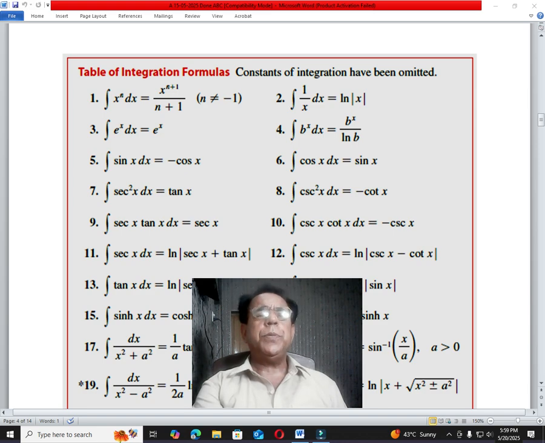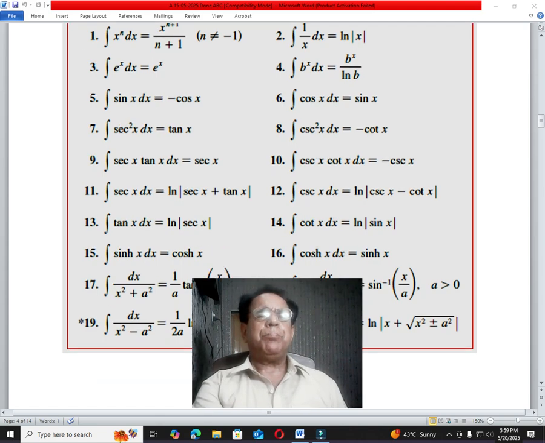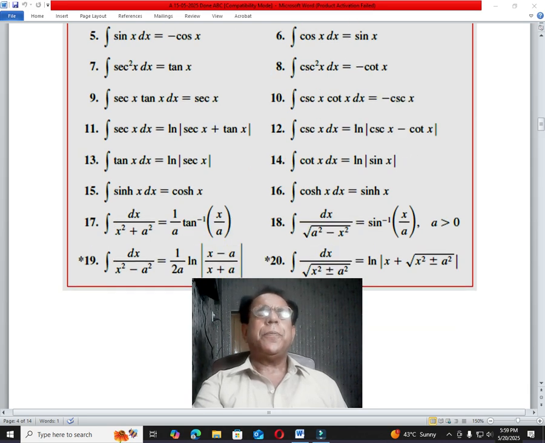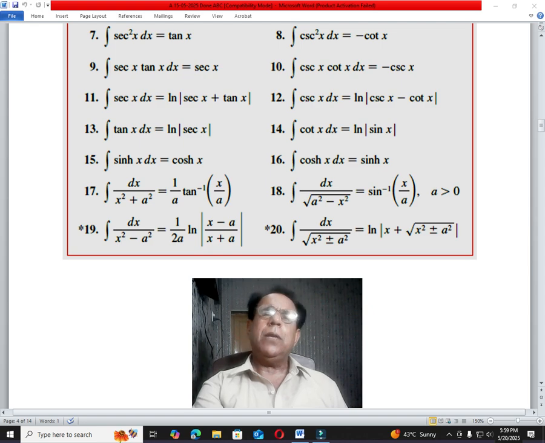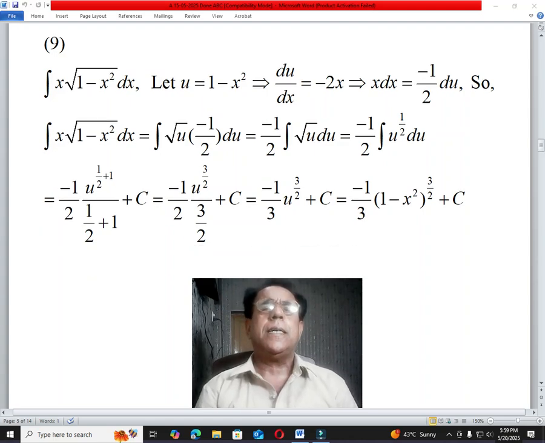Formula number 2 will also be used. Perhaps formula number 3 will also be used. Similarly, 5 and 6 or either of these two will also be used. It is not very important which of the formulas is being utilized in our video. All formulas are equally important for us, because we may deal with these formulas in other problems also.